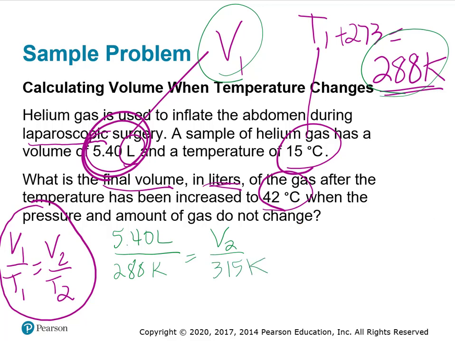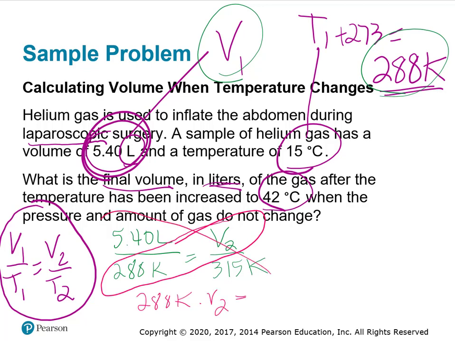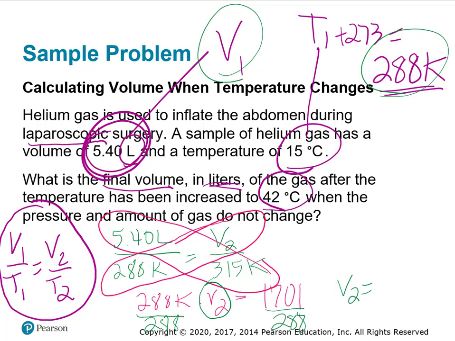I'm going to solve this by making it a linear problem instead of fractions, so I'm going to cross multiply and say that 288 times V2 is equal to 315 times 5.40, and that gave me 1,701. And just like the last time, in order to solve for this variable, I need to divide by 288 on both sides. And that should give me a V2 of 5.9.